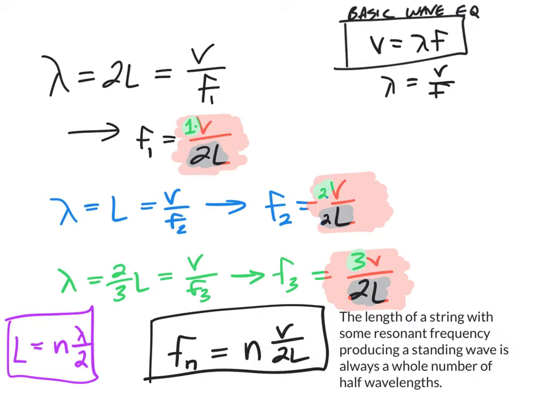Speed is a distance over a time. Is frequency that unusual? It's 1 over that total time. And if only all of the wave stuff was this simple. Unfortunately, it's not, and so we have a bit more complicated thing to do.